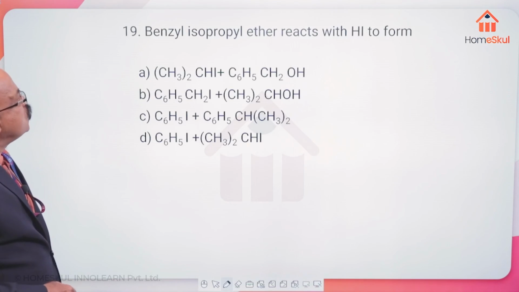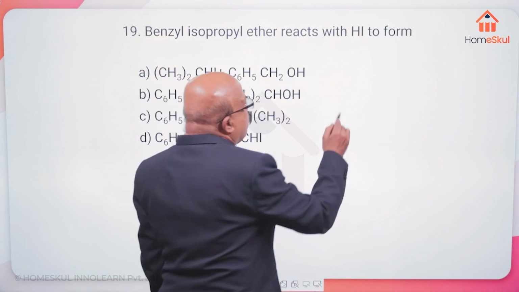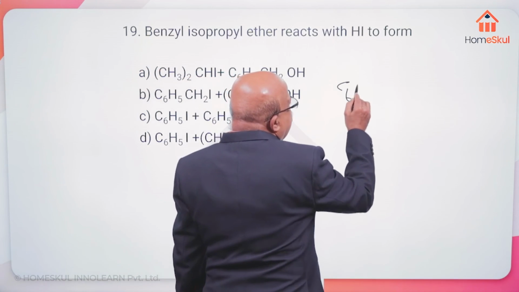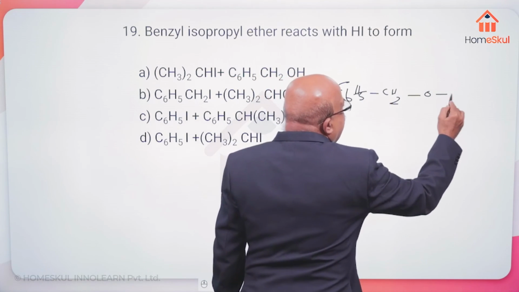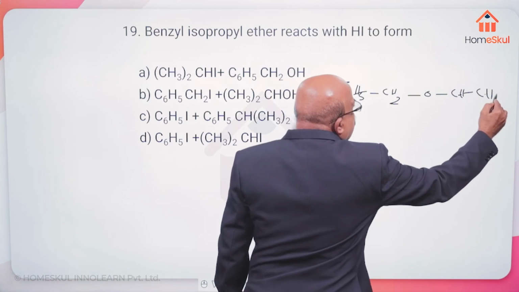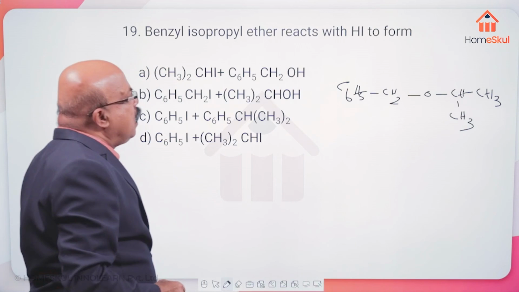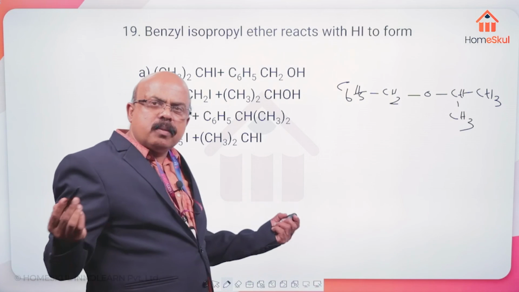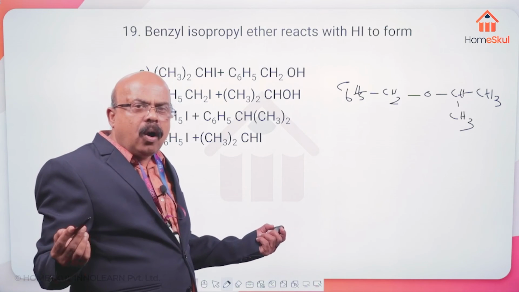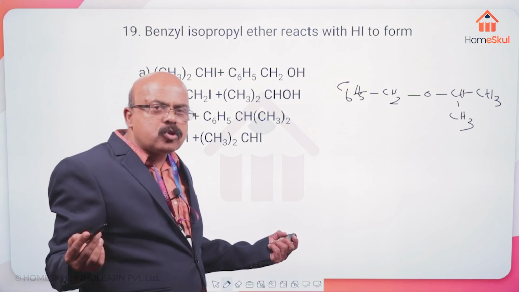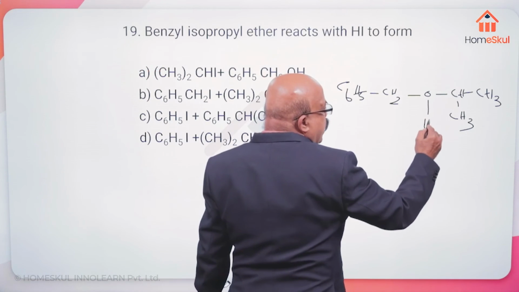And another question is benzyl isopropyl ether. Benzyl isopropyl is C6H5CH2, the benzyl isopropyl group. This is benzyl isopropyl ether. When it reacts with hydrogen iodide, very simple. If one of the hydrocarbon groups is benzylic or tertiary, then the reaction proceeds through SN1 mechanism. It becomes protonated first.